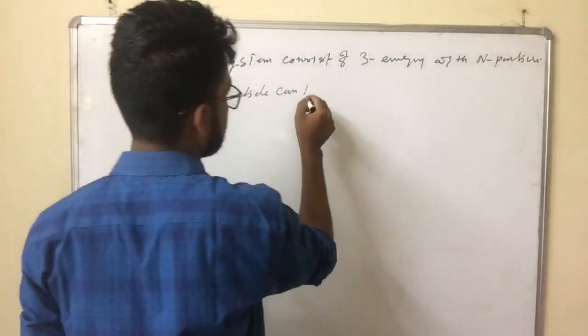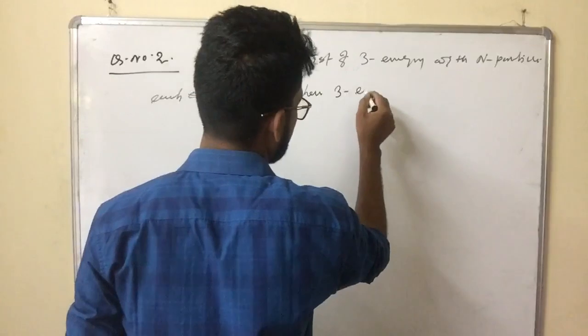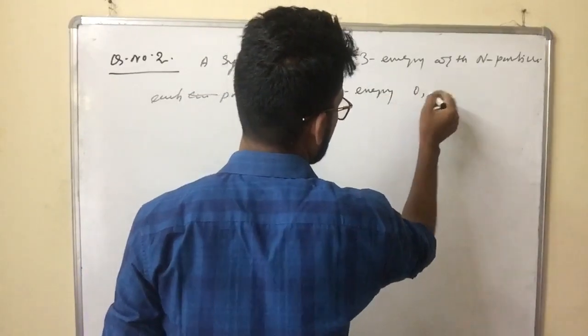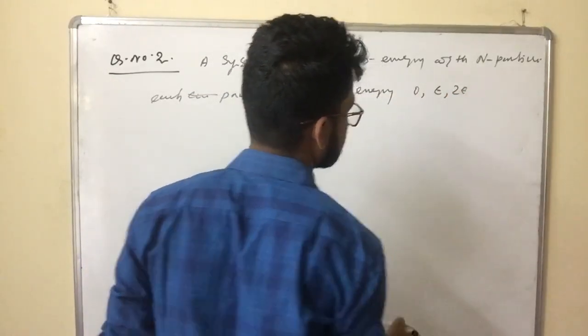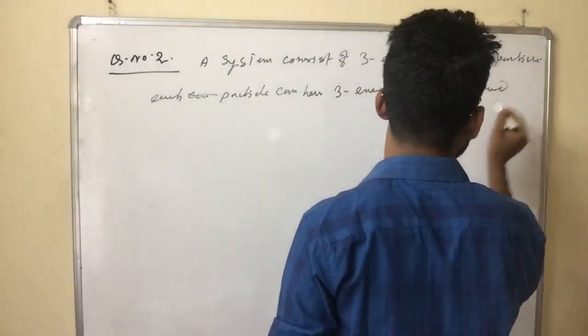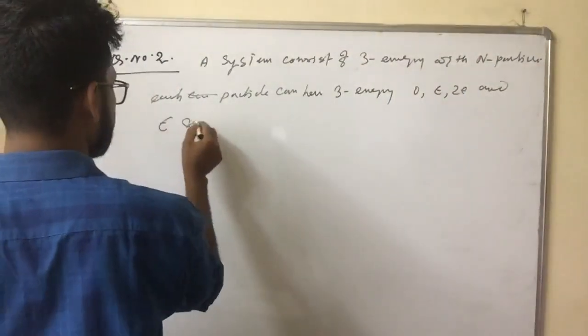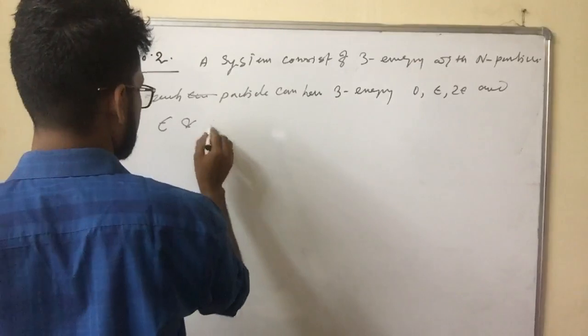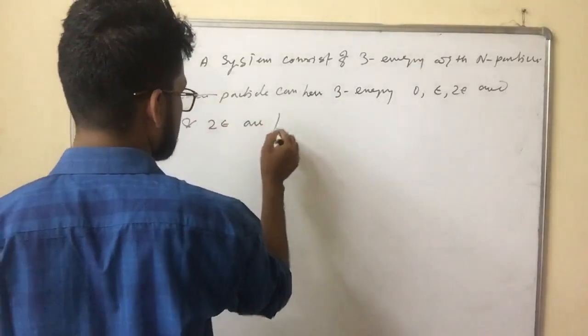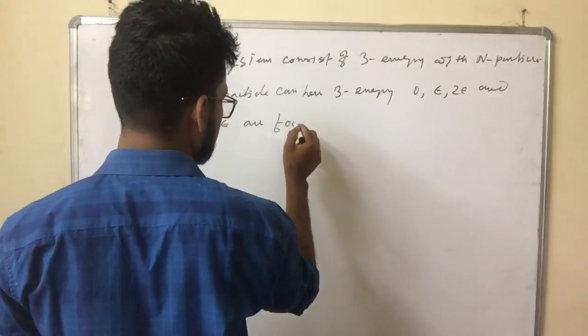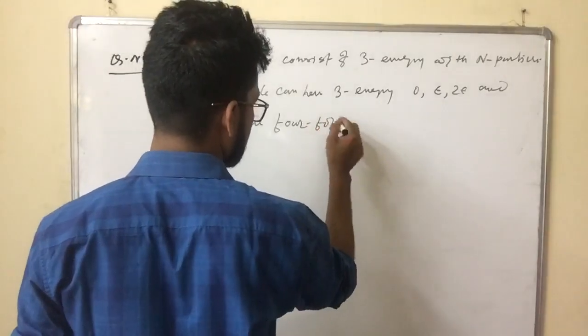Each particle can have 3 energy levels: 0, E, and twice E. E and twice E are fourfold degenerate.